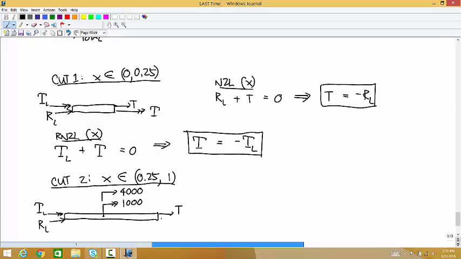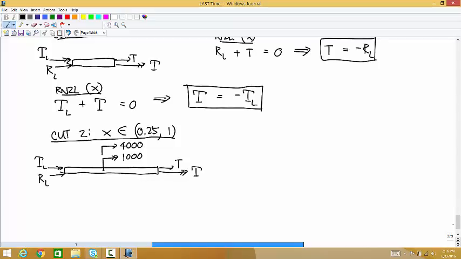And then the internal tension and internal torque. So Newton's second law about the x-axis says RL plus 4,000 plus T equals 0. So T is equal to negative RL minus 4,000.